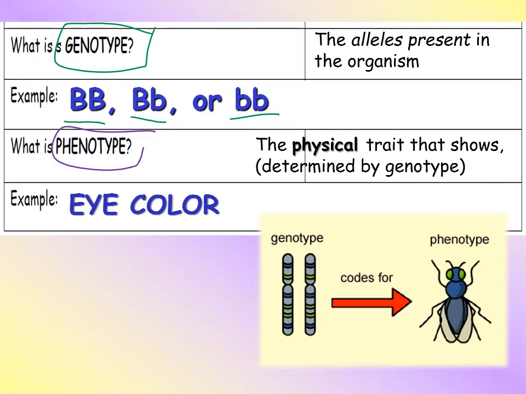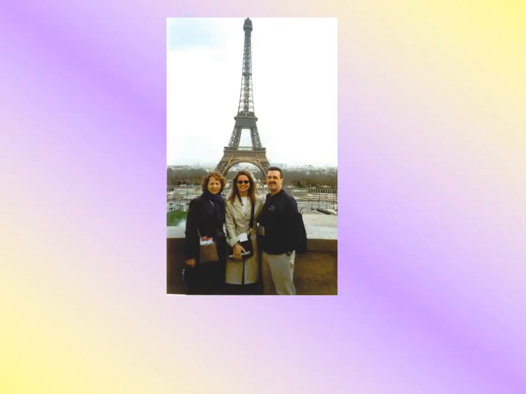The way that I always remembered this was by the letters, PH for physical, PH for phenotype. So the example here would be eye color. If we're talking about eye color, that's the phenotype. That's the physical trait that shows up because of the genotype. Okay.